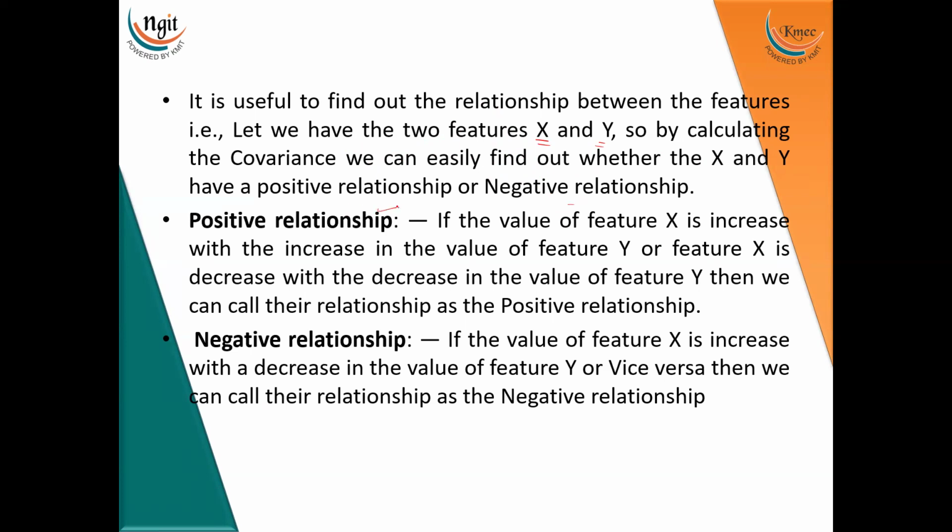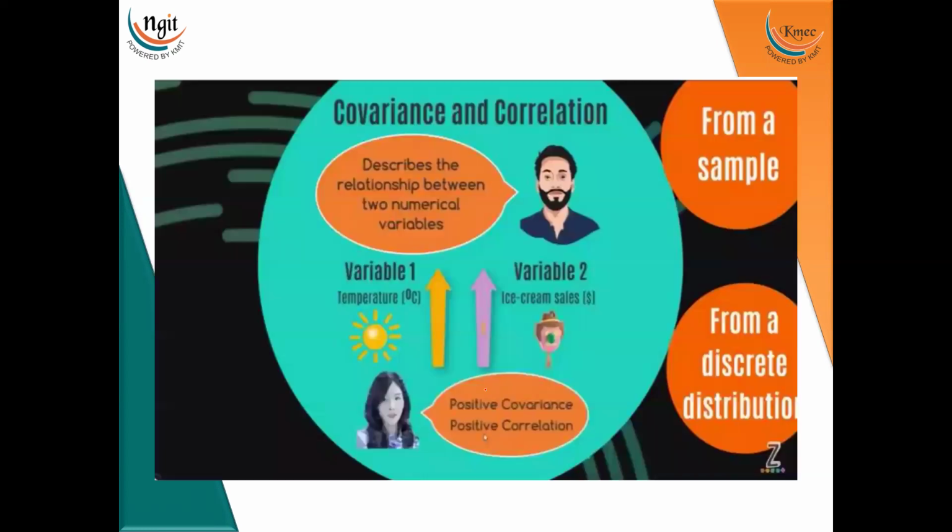For a positive relation, if the value of feature x increases, the value of feature y also increases, or if feature x decreases, feature y decreases, then we call the relationship a positive relationship. Similarly, for a negative relationship, if the value of feature x increases with a decrease in the value of feature y, or vice versa, then we call the relationship a negative relationship.